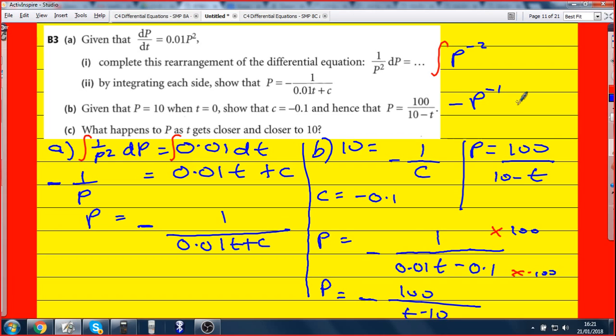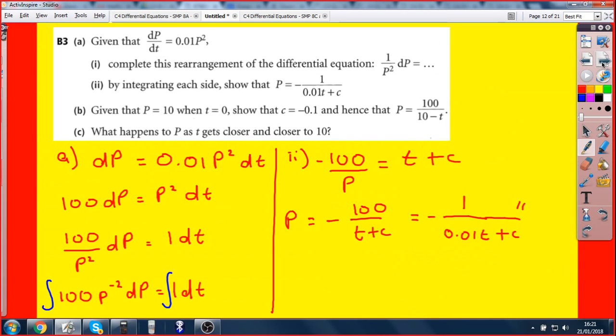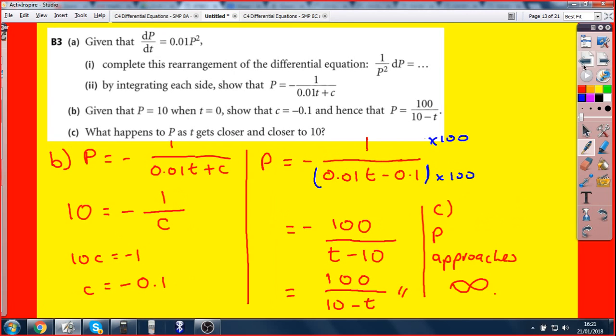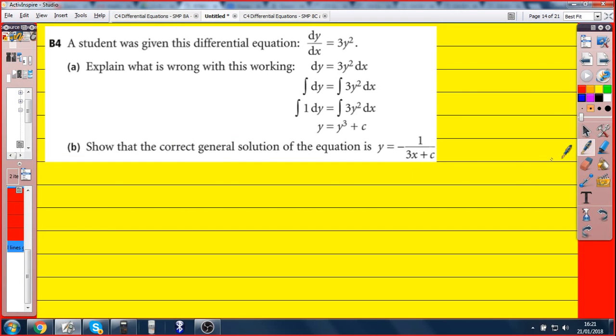Why is that? Yeah, that's it. That's it. Basically, it's gonna increase, and then it's like approaching infinity, basically. Okay, any questions there? Okay. Let's try this one.